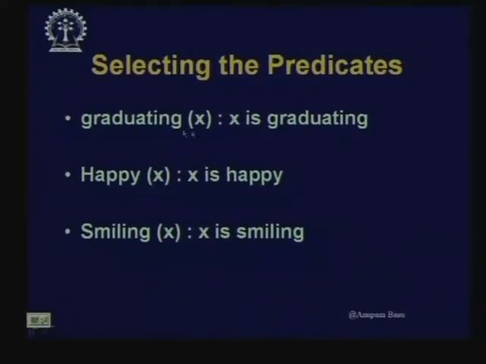To make the statement x is graduating, we have selected a predicate graduating x. We use happy x. Strictly speaking, depending on the programming language that we will be using, there will be some syntax. Here I have taken some unnecessary liberty. Maybe the convention should have been that all these predicates start with a small letter, but forget it for the time being. X is happy, I can write as happy x. X is smiling, smiling x.